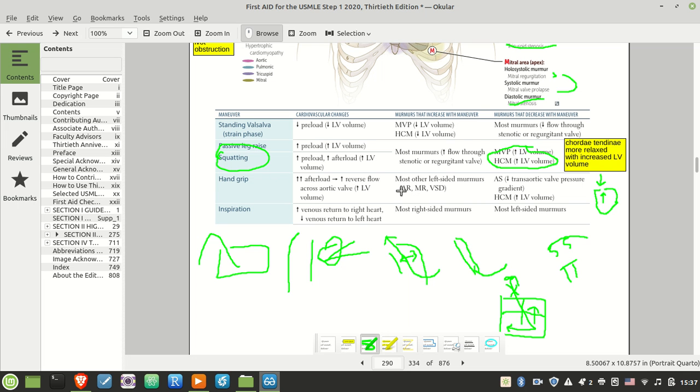And then the same thing with aortic regurgitation.